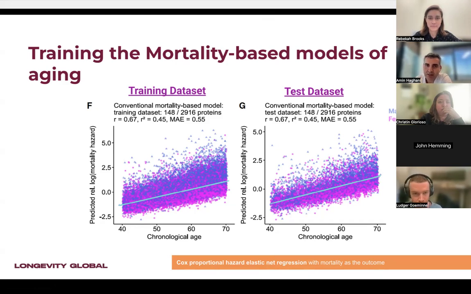No, this was purely trained towards the outcome. It's either towards chronological age or towards mortality with a Cox proportional hazard elastic net model. So no adjustments for anything, not even sex, just trying to predict those things based on the proteomics.